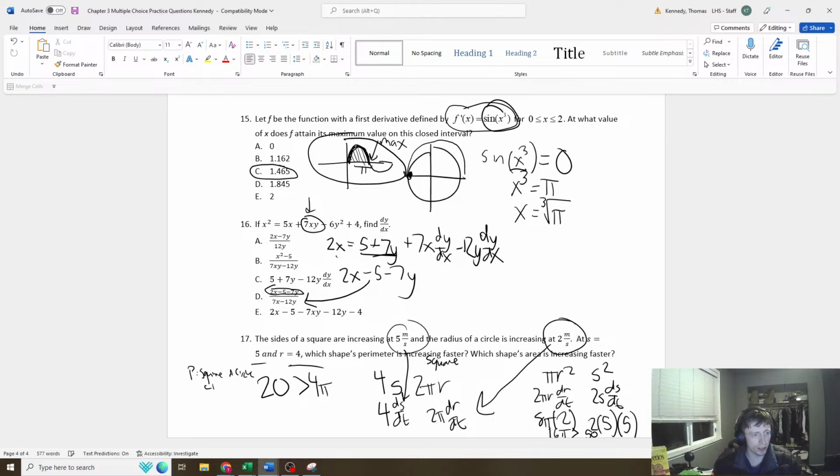So perimeter circle is bigger, and then area square is bigger. And so you just need to match the correct circle, circle, and square, square. Those would be the 3 options, or 4 options rather.